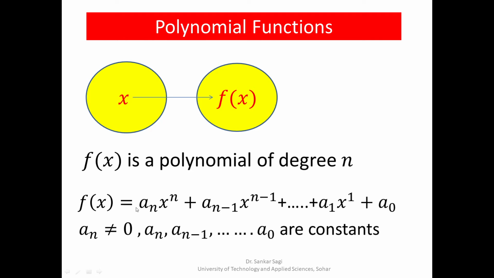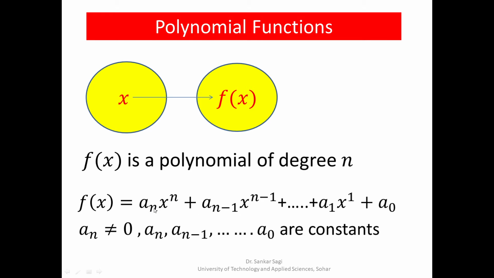So a_n should not be 0 because it is a polynomial of degree n, so the coefficient of x^n cannot be 0. If it becomes 0, then it will be a polynomial of lesser degree, not degree n.